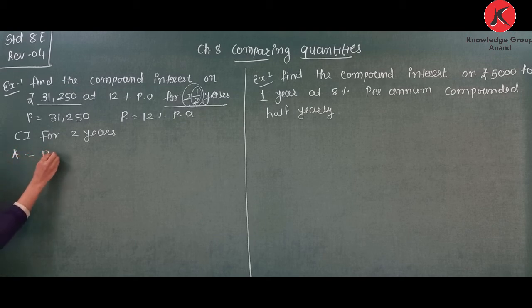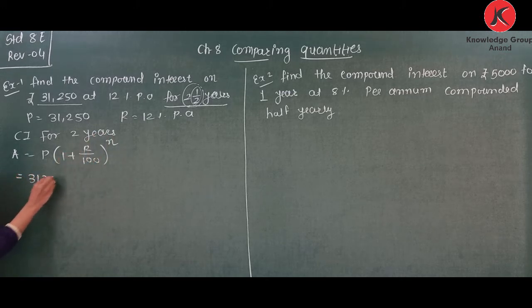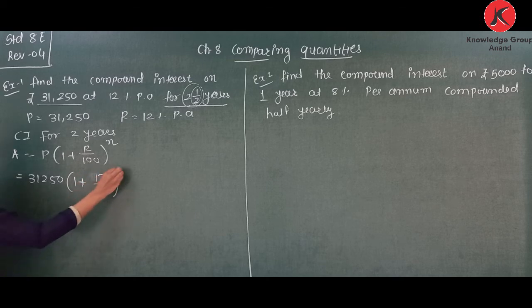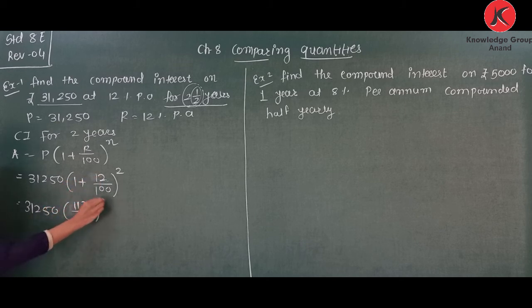So, amount is equal to P(1 + R/100)^n. Principal amount is 31250, rate of interest is 12/100. Now, compound interest for 2 years, so it is raised to 2. So 31250 times (100 + 12 = 112)/100 raised to 2.